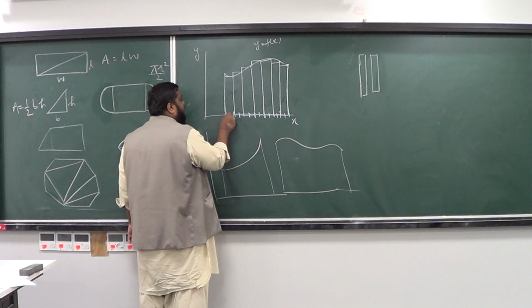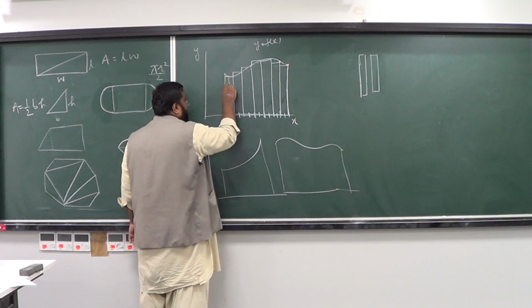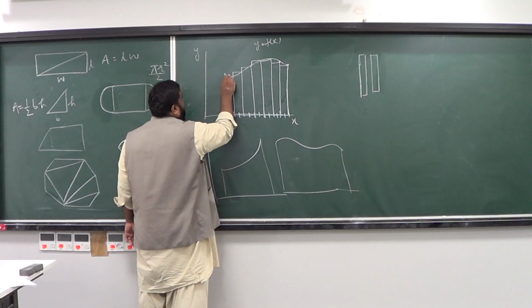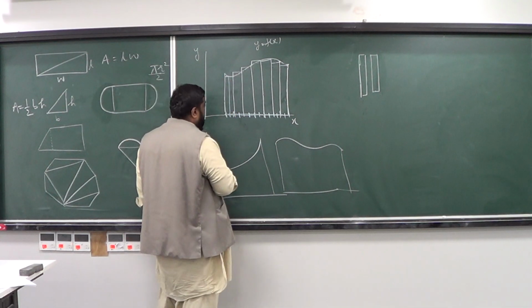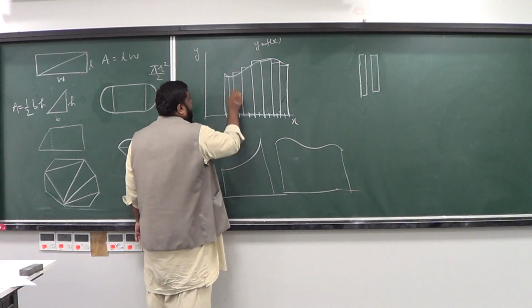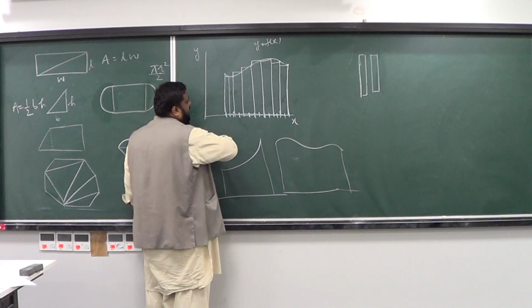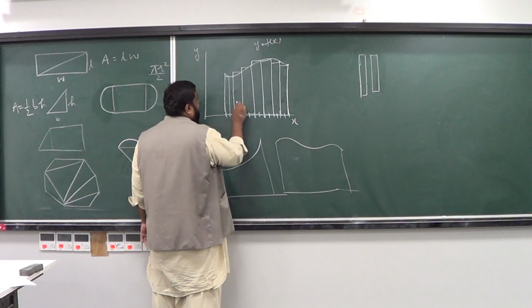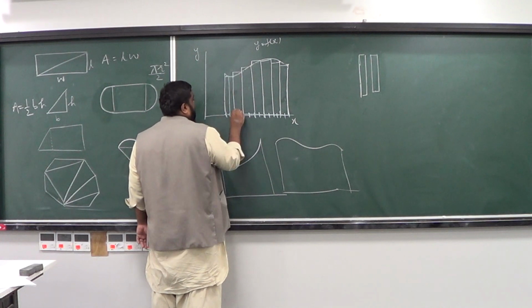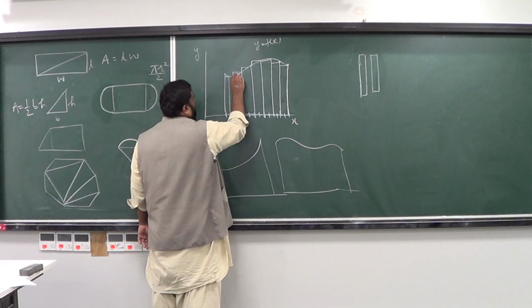For example, in this interval, if I take the right end point and compute the area, I'm getting something similar. Again, taking the right end point, this is the end point and this is the output of it.